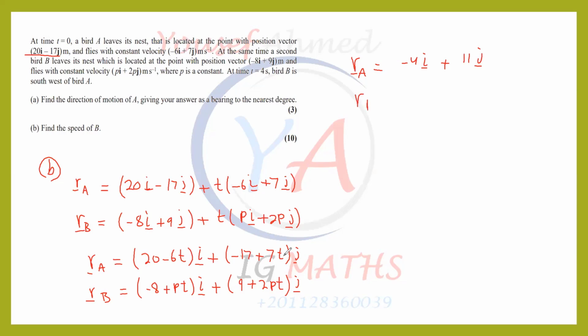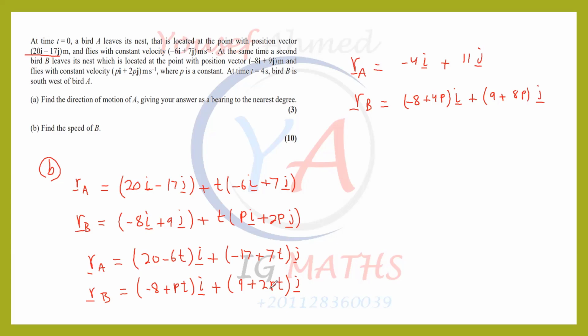The position vector of B: you replace now the time by 4. So it will be negative 8 plus 4p in the i direction added to 9 plus 4 by 2p, here 4 by 2p is 8p, and this is in the j direction.